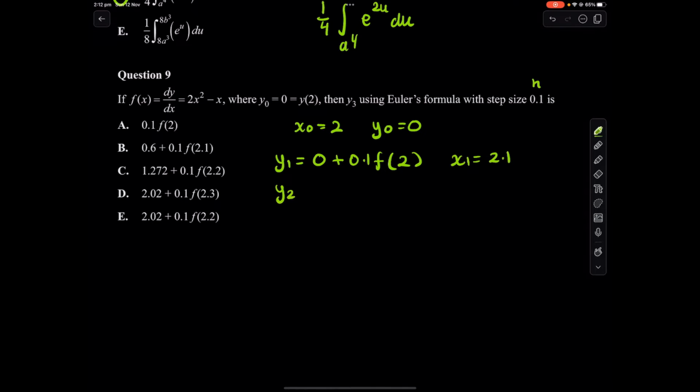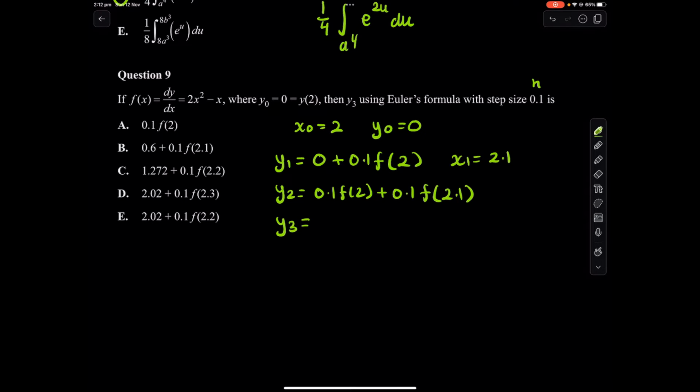So to get y2, again, it's y1, which we calculated to be 0.1 f of 2, plus your step size, which is 0.1, times f of x1, which is, in this case, 2.1. Done.